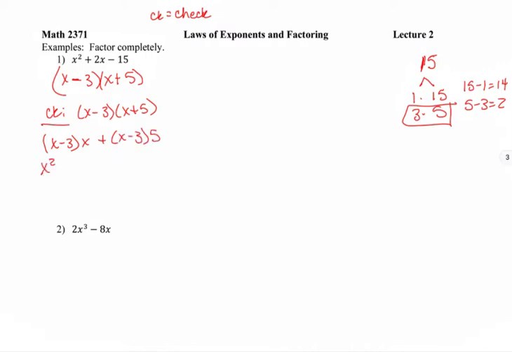So that's x squared minus 3x plus 5x minus 15. That's x squared plus 2x minus 15. Now I realize that all of you have heard of FOIL: F-O-I-L, first, outer, inner, last.